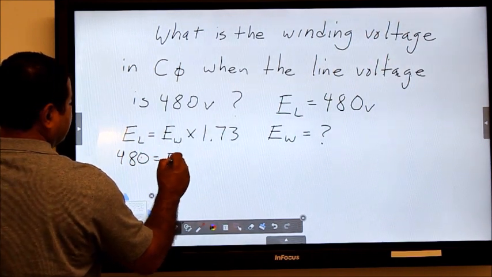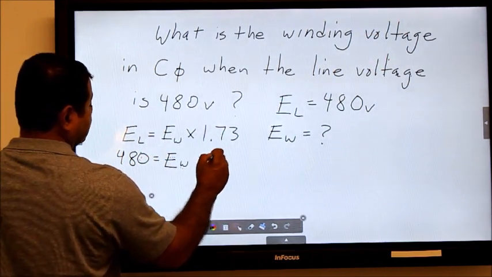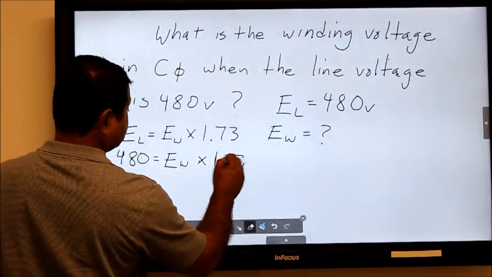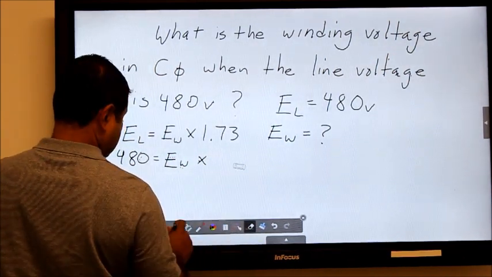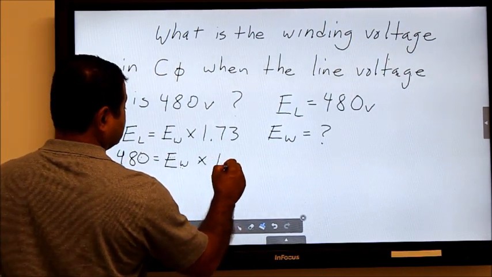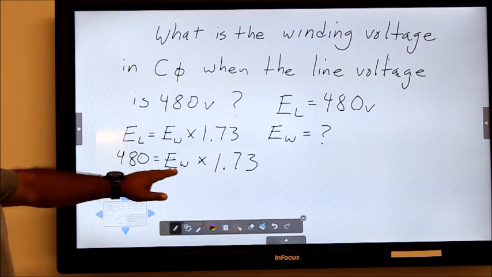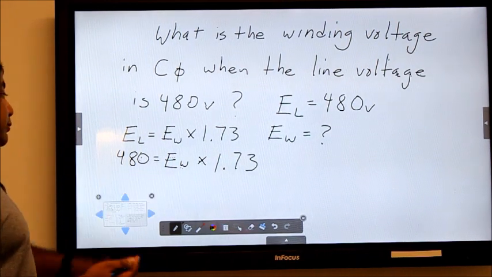I don't know my winding voltage, times 1.73. So now you just solve for your winding voltage, simple algebra.